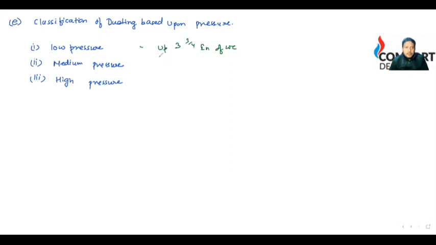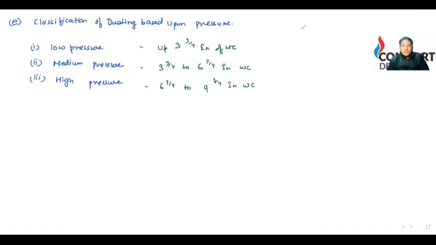In water column we measure this pressure, and medium will be from 3/4 to 6/4 inch of water column, and high from 6/4 to, sorry, 9/4 inch of water column.